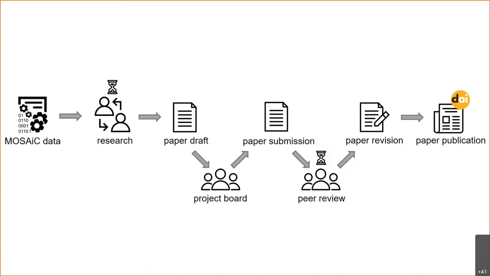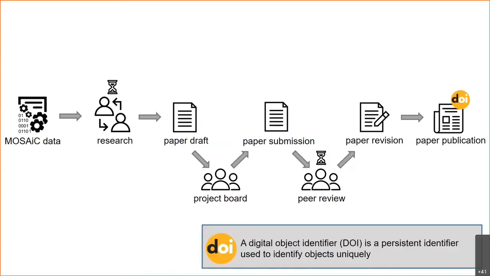Then we end up with a paper publication, which is citable, and it contains a DOI. I will be talking about DOI a lot today. DOI means digital object identifier, and it is a persistent identifier, a link, which will always take you to this published research, to this piece of publication.